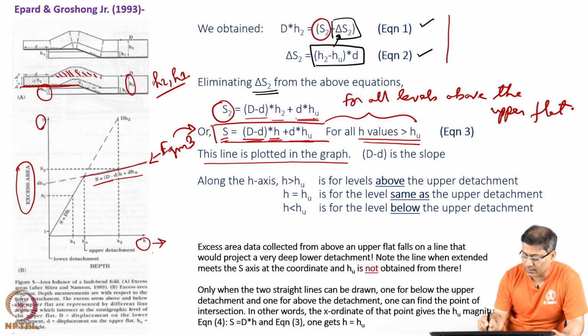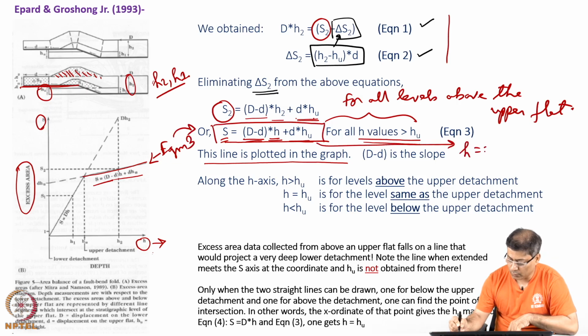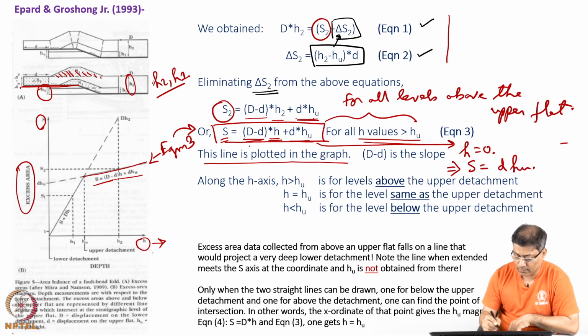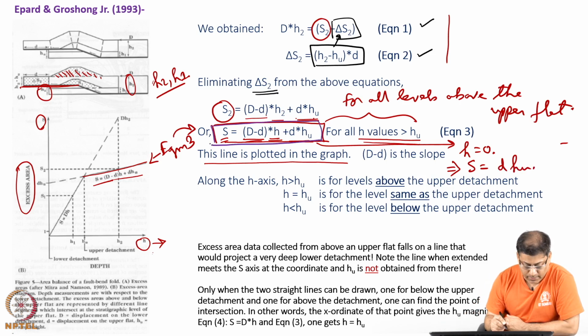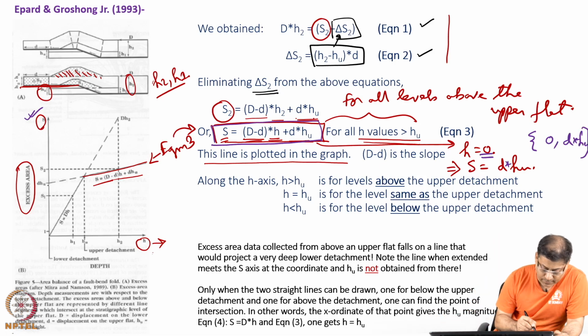Note that if you put small h equal to 0, you get dHu, which means that this line intersects the S axis, which is the y axis, at the coordinate 0 comma dHu. This is the plot dHu.